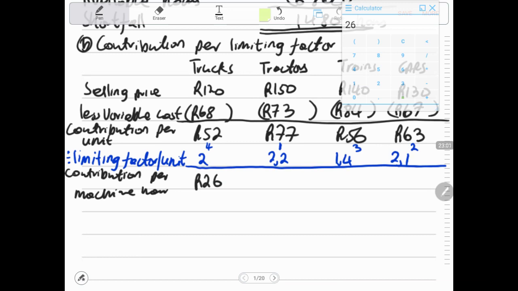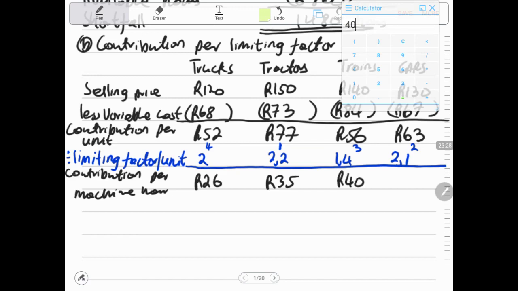This is contribution per machine hour, meaning 26 rand per machine hour. We want the one that makes the highest profit per machine hour, because machine hour is our limiting factor. 77 divided by 2.2, we get 35. So far it is still number 1. 56 divided by 1.4, we get 40.